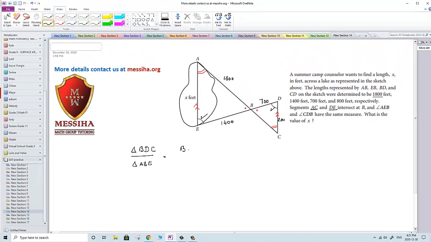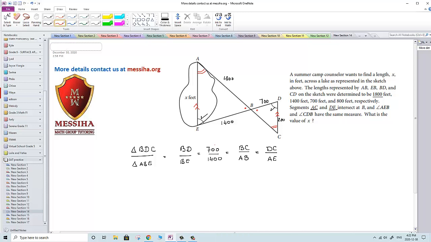So anything in this triangle BDC over ABE is going to be the same ratio. So if I take BD over BE, I'm going to see that this is 700 over 1400. And this will equal BC over AB. And this is going to be again DC over AE. So from this, I have something very important.